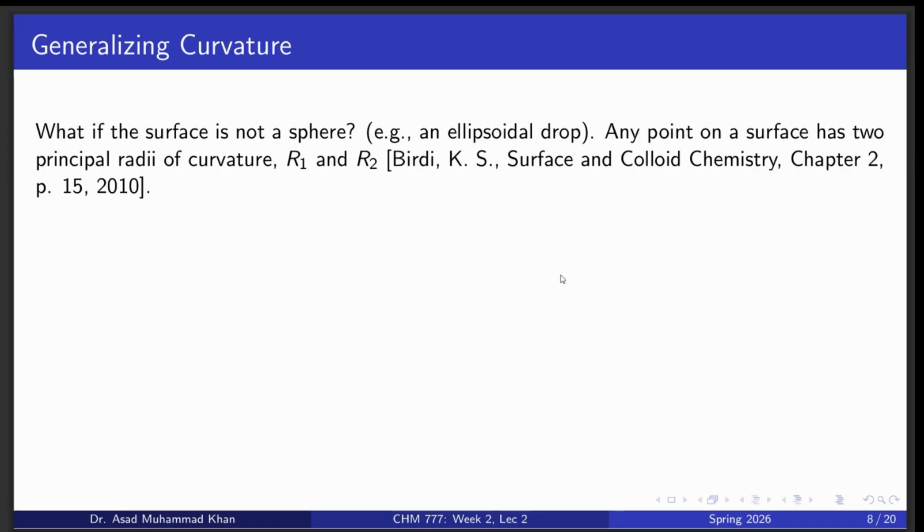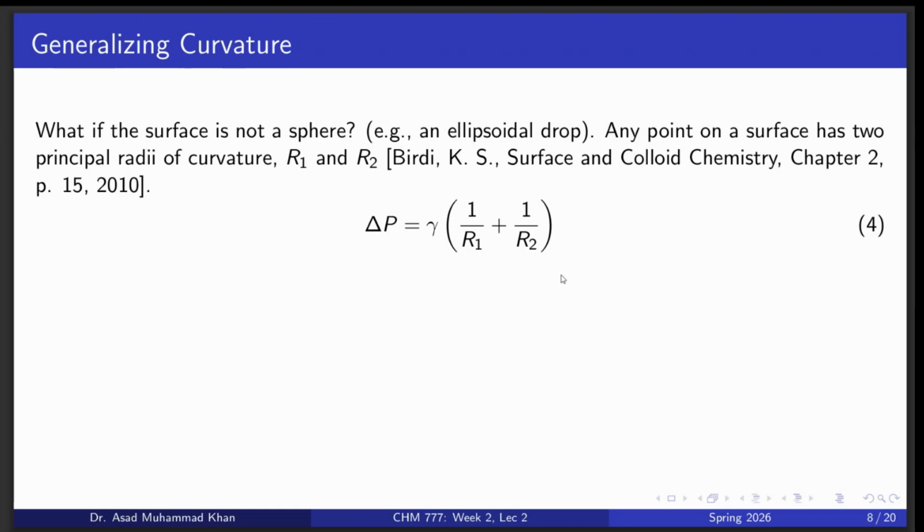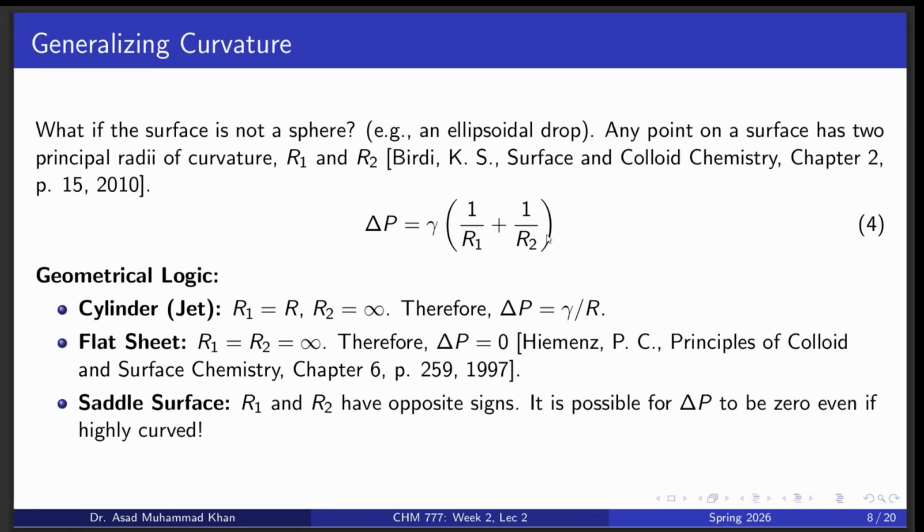Ellipsoidal drop is just like you saw in the case of soap bubble, and you saw that it was not perfectly a sphere. It was rather pulled by the gravity, so it didn't look like a sphere. ऐसा ही था ना? So let's say we have that kind of situation, then we have delta P equals gamma (1 over R1 plus 1 over R2).